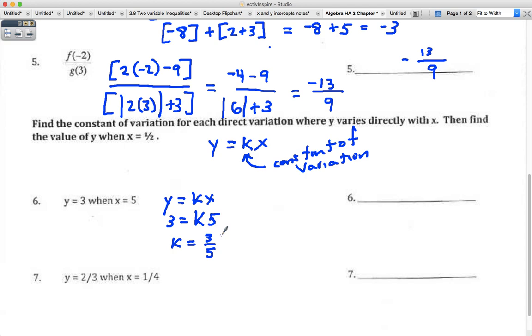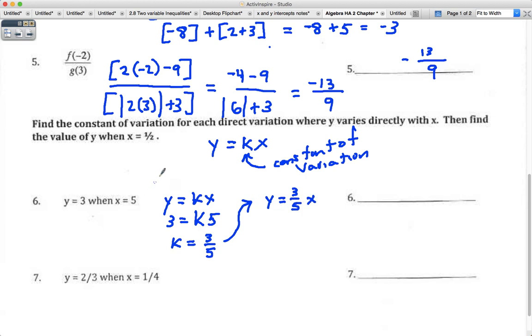So let's find the value of y when x is 1/2. This is my constant of variation. I can rewrite this now for the constant of variation, which gives me the direct variation equation for this problem, which would be y equals 3/5 x.